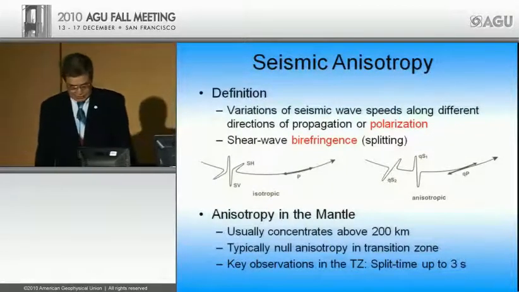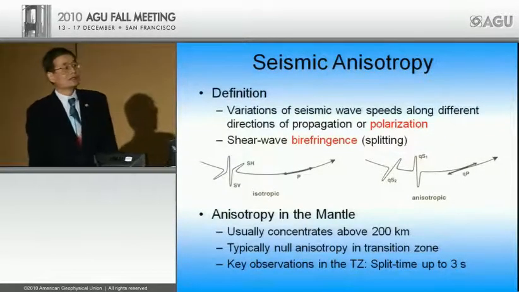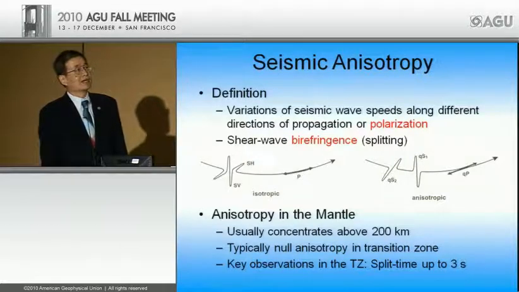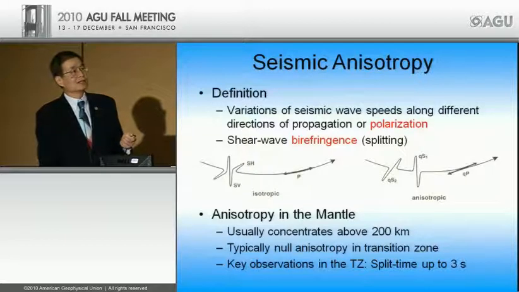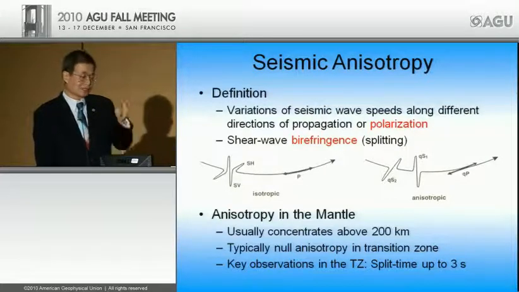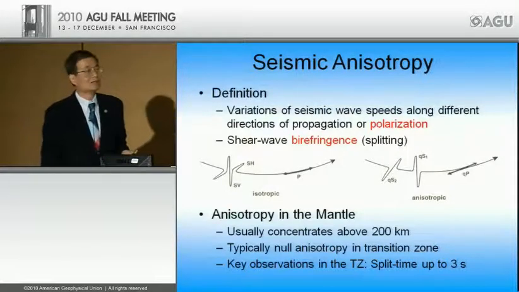Now, in terms of the seismic structure, the biggest anomaly is actually anisotropy. Now, there are two types of seismic anisotropy. One is related to the direction of propagation, which we're not going to talk about. The other is related to the direction of polarization. For shear waves, there are two components. One is basically in the plane of the propagation.